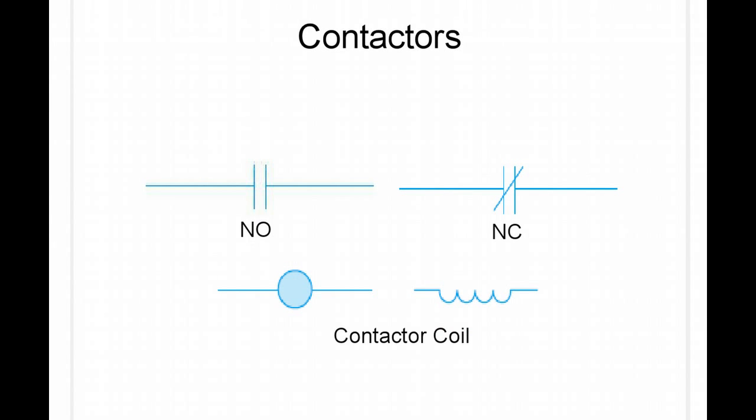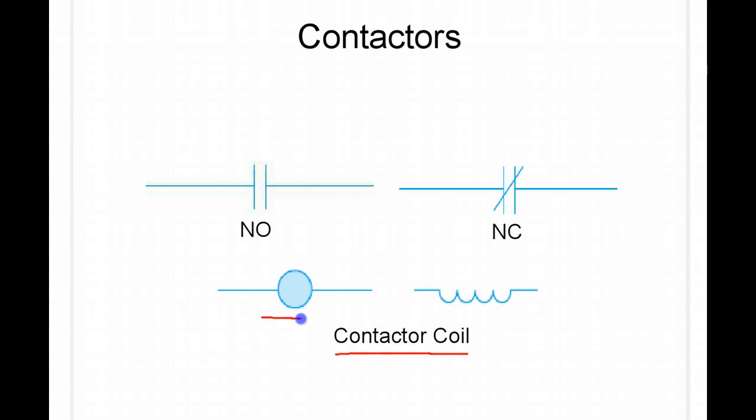So this is the schematic symbol for the contactor and for a relay. When you're talking about contactors and relays, you have a contactor coil. This coil is what energizes and opens and closes the switches on the contactor and relay.